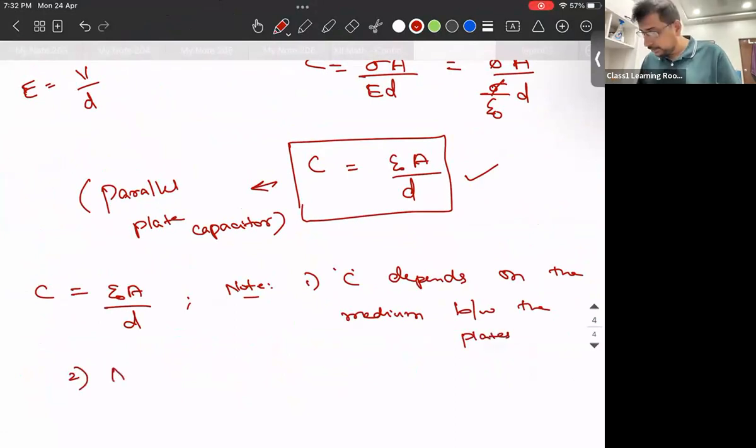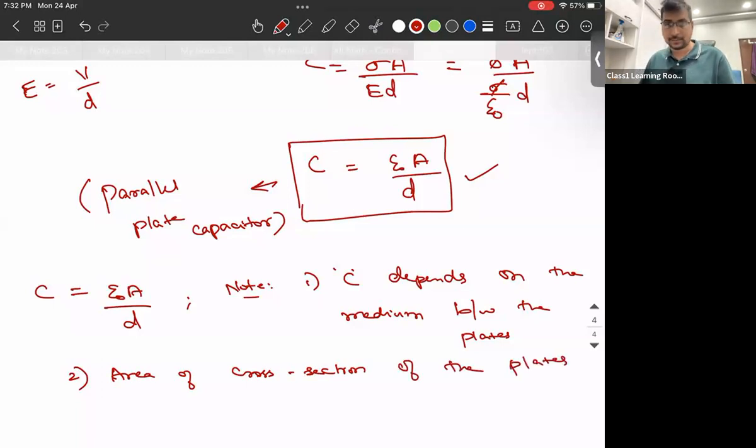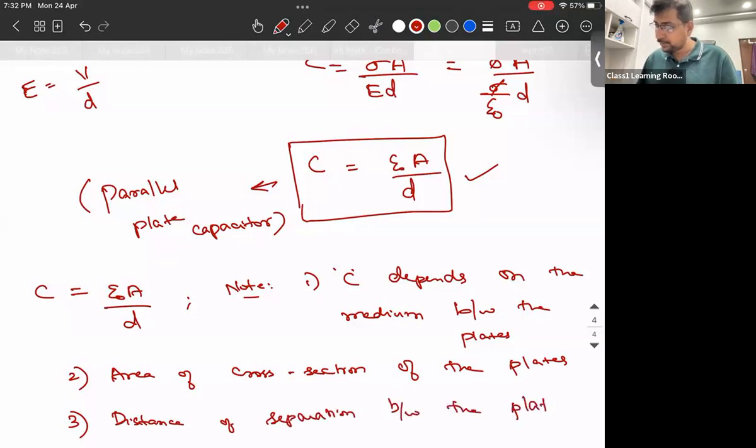Second, it depends on the area of cross section of the plates. And lastly, it depends on the distance of separation between the plates. So these are all the points that are worth noting. So C depends on the medium between the plates, the area of cross section of the plates, and the distance of separation between the plates.